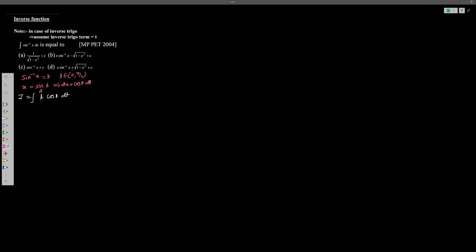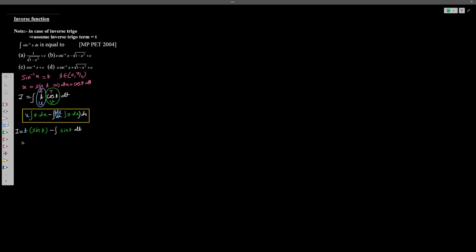Product of algebra and trigonometry. So algebra comes first, we'll select it as u and cos t will be your v. Apply the formula. So in the first term, u as it is, integration of v will be sin t, minus integration of differentiation of t, which is 1, and integration of v, that will be again sin t.